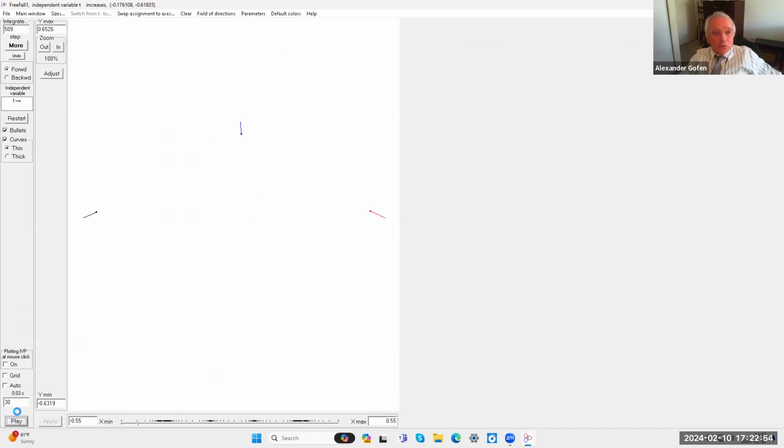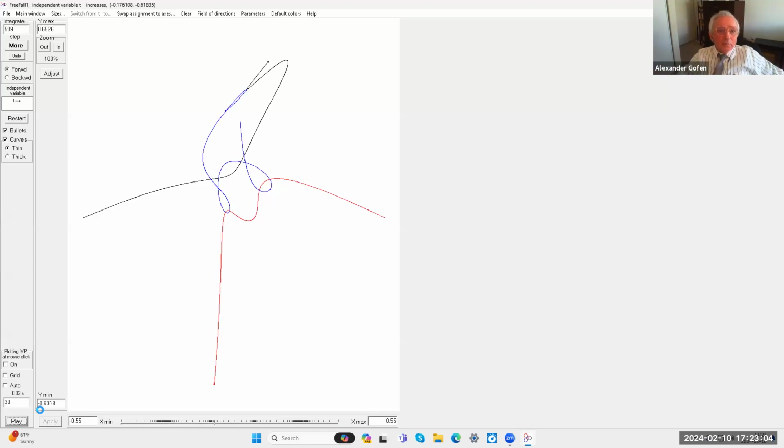Let's see it in motion. The three bodies are freely falling, then they engage in some interaction, then they stop again, reaching the final point. They stopped, and they get back to the initial point, so that it's actually periodic motion.